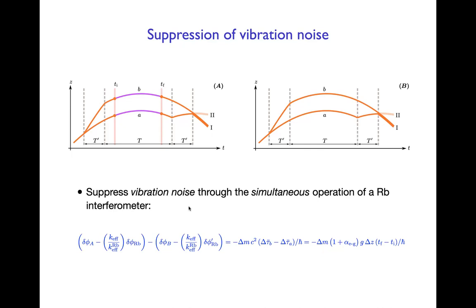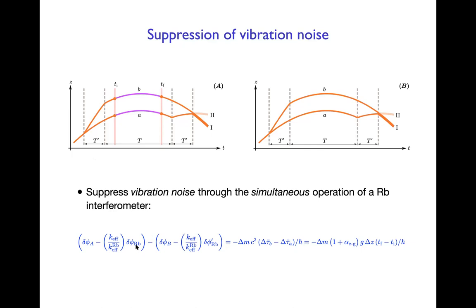And so what you can do is this simultaneous differential atom interferometry measurement, which is something that is done for other reasons in experiments. You simultaneously apply laser pulses that diffract your atoms, for ytterbium and for rubidium, using beams with different frequencies acting on these two different atoms.